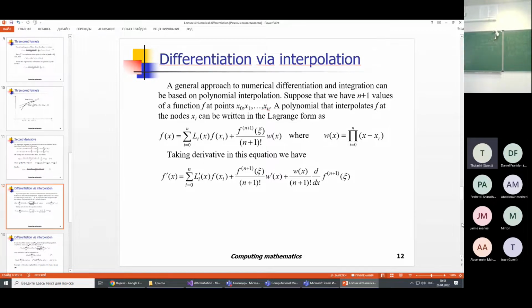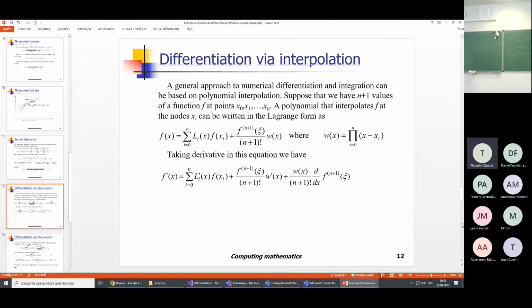Let me remind you that the initial information is the values of the function at some points. These points can be denoted as x0, x1, x2, and so on, xn.